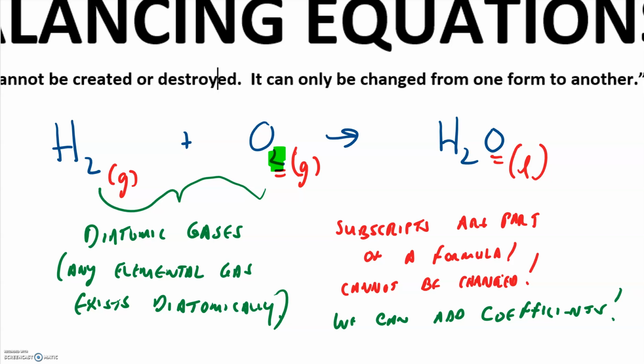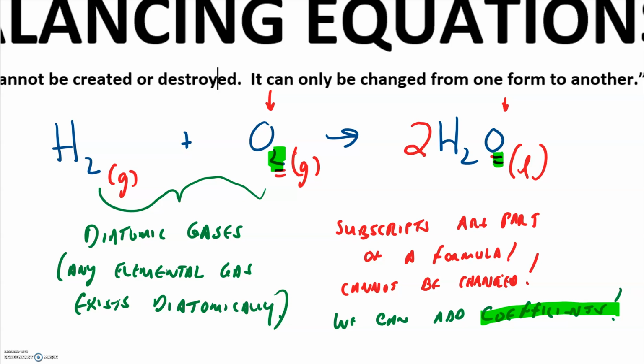Over here, there are two oxygen atoms, and we can't change that subscript. Over here, there is one oxygen atom, and we can't add a subscript to that, but what we can do is add a coefficient. We want the number of oxygen atoms to be the same on both sides. So since there's two on this side and only one over here, let's add a multiplier of 2.